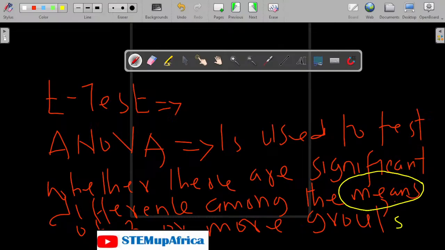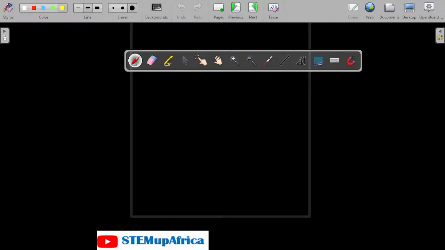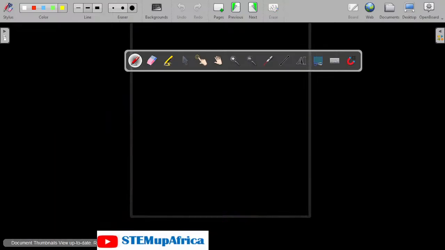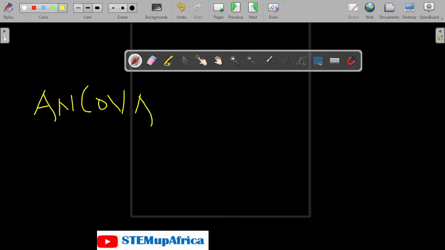Then number 3, we have the ANCOVA. I hope you have written it. Like all these, they are used to test.